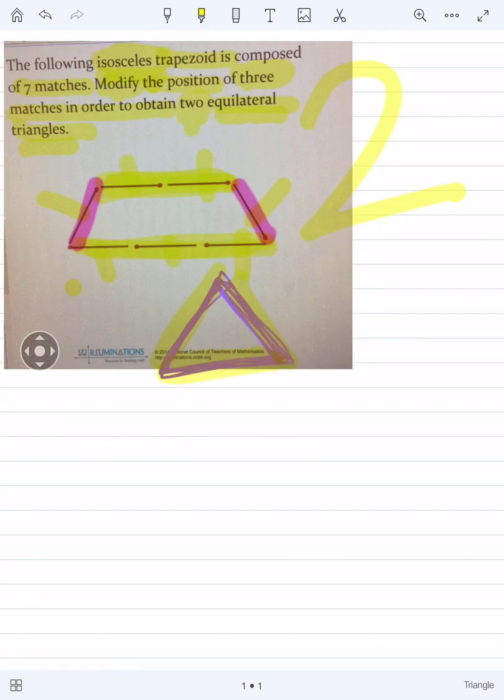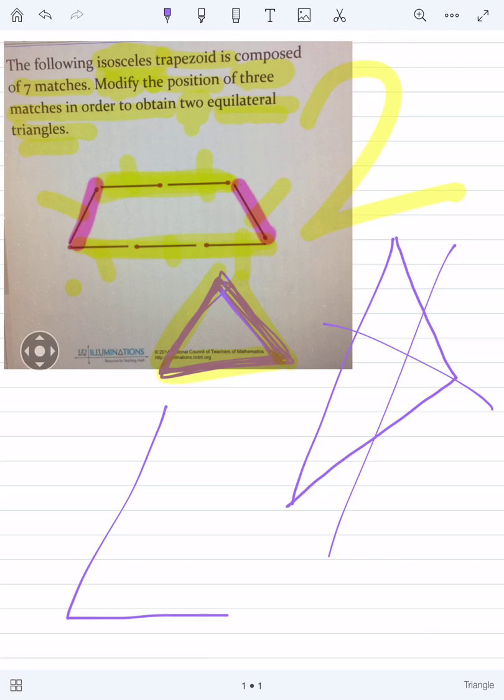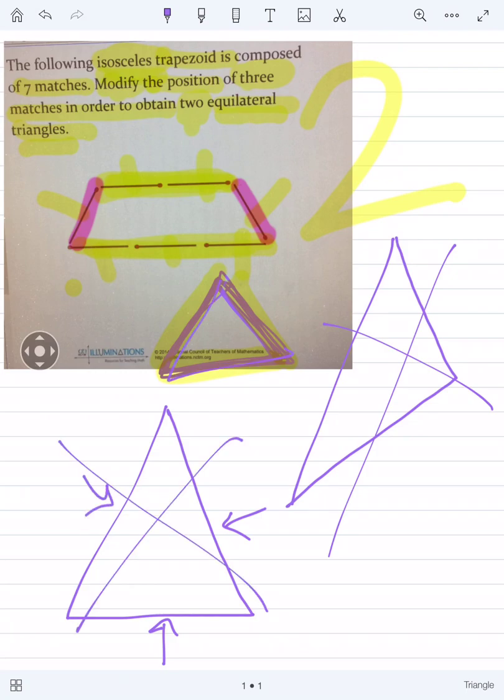So it's called an equilateral triangle. Now let me try one that would not be equilateral. I'm going to make that one long, that one short, and that one sort of long. None of the sides are the same, so this is definitely not equilateral. One that you might be used to seeing like this, this side's a little shorter than these 2. So that's not equilateral. We're going for 2 equilateral triangles.